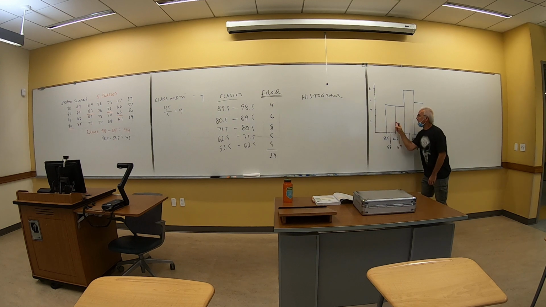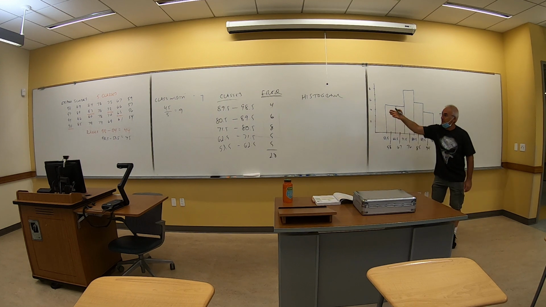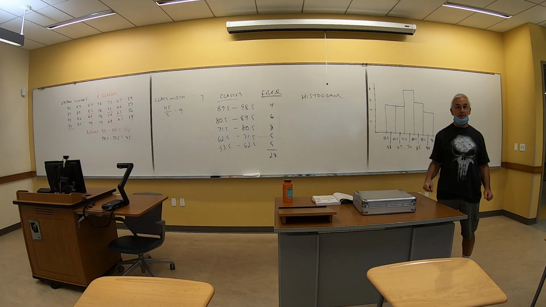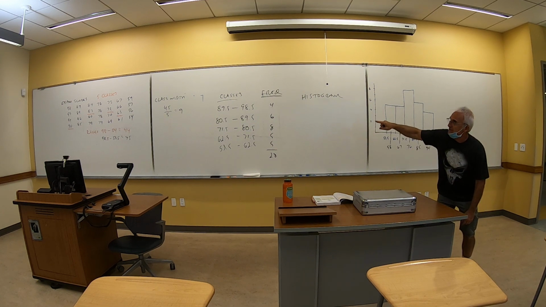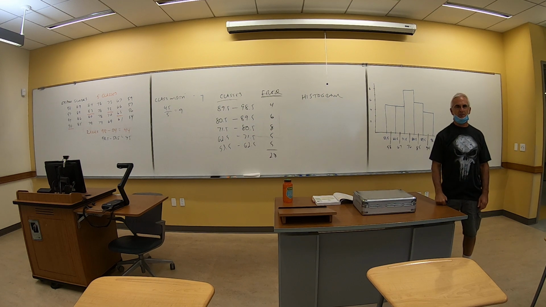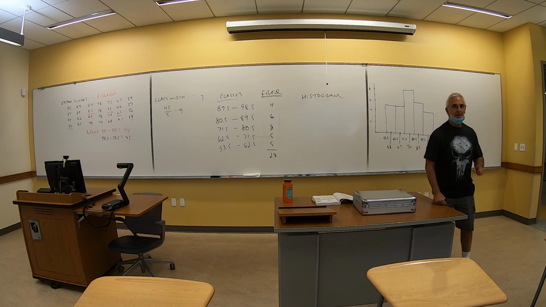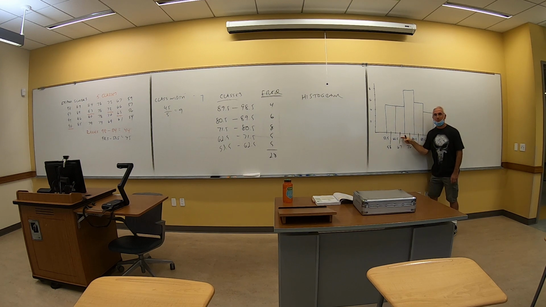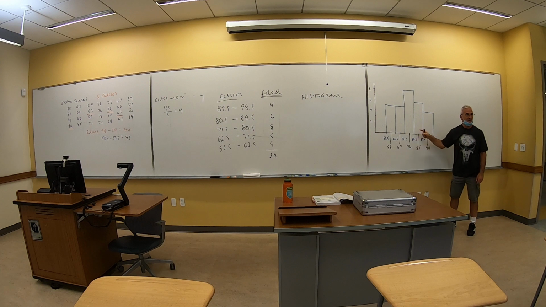So here's one of the things that is actually done. We had 5 scores in here. If I wanted to find some sort of numerical average, obviously I would add up all these and divide by 28. You agree? What if actually there were 330 million of these? Do you really want to add them all up and divide by 330 million? Probably not. So what they often do is say, treat this as everybody in this group had this score.